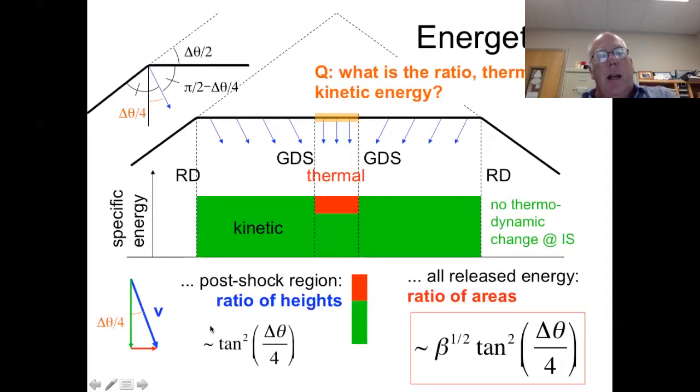You can work out exactly what fraction, and the fraction is the ratio of the red area to the green area, and that's going to go as the square of that shear angle. So this just gives you an idea that at least in one scenario, we have a way of figuring out how much energy goes into what.